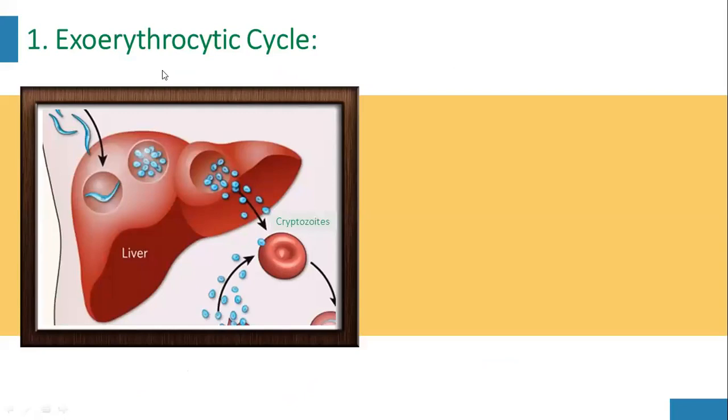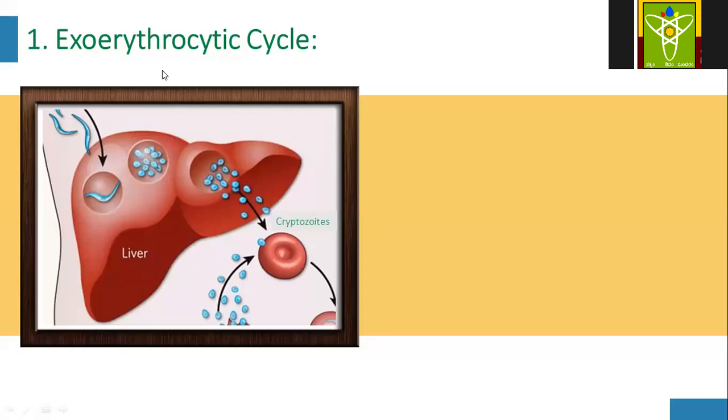The time the sporozoites have entered the human blood, now it will make its life into 2 stages. First, it develops in the liver, means outside the RBC cells. Hence I call it the exoerythrocytic cycle. Erythrocyte means RBCs. The Plasmodium makes 2 stages of life cycle in the human being.